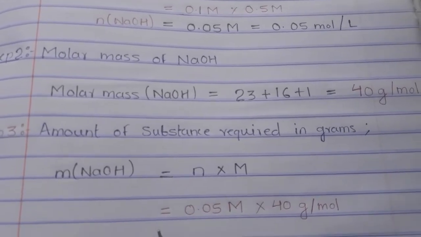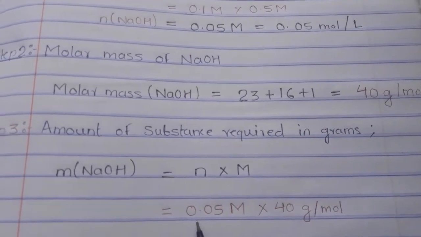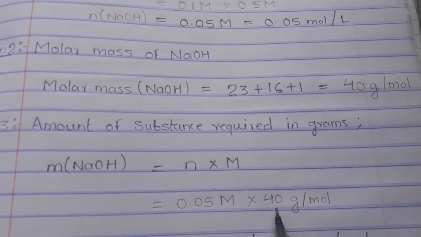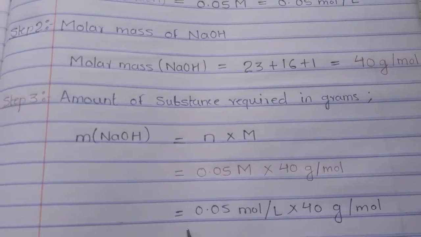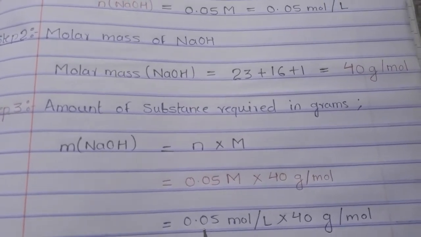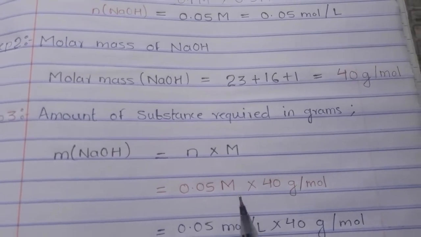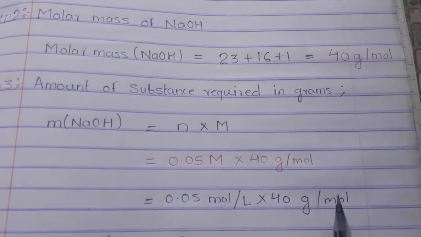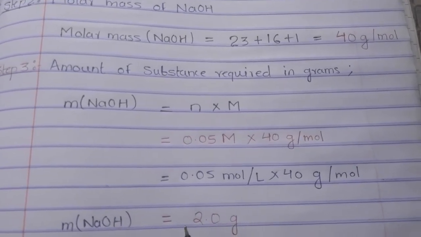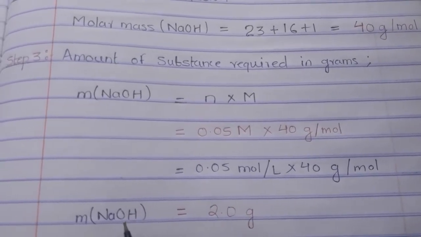The number of moles we have got is 0.05 mole and the molar mass is 40. Here I have substituted the units as mole and gram per mole, so that once we solve this, we will get the answer as 2 grams of NaOH.